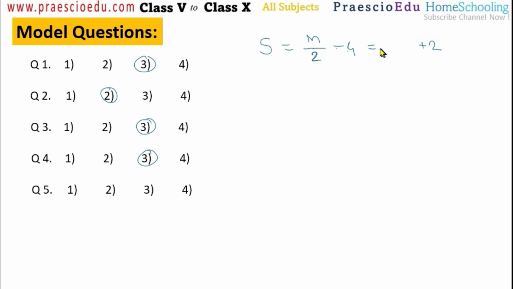So we can say A is the aunt's age. This is the comparison with the mother and with the aunt, and that is the son's age. If the present age of the mother is 42 years, then what was the age of his aunt 2 years ago?